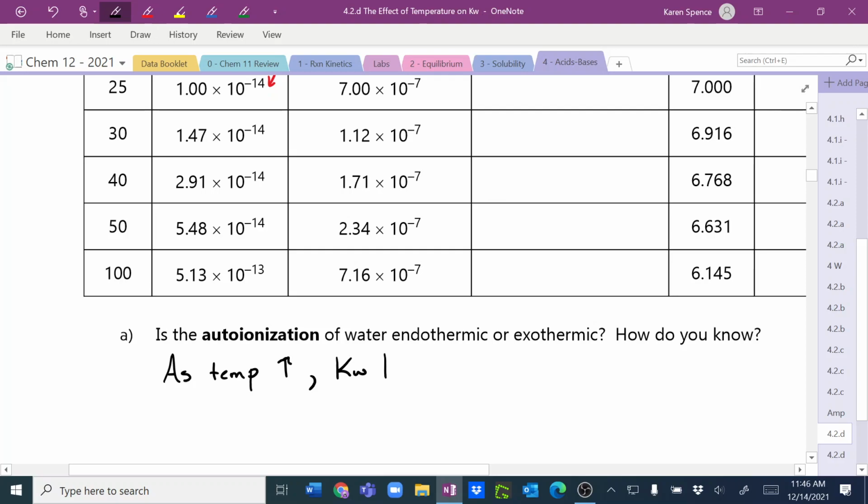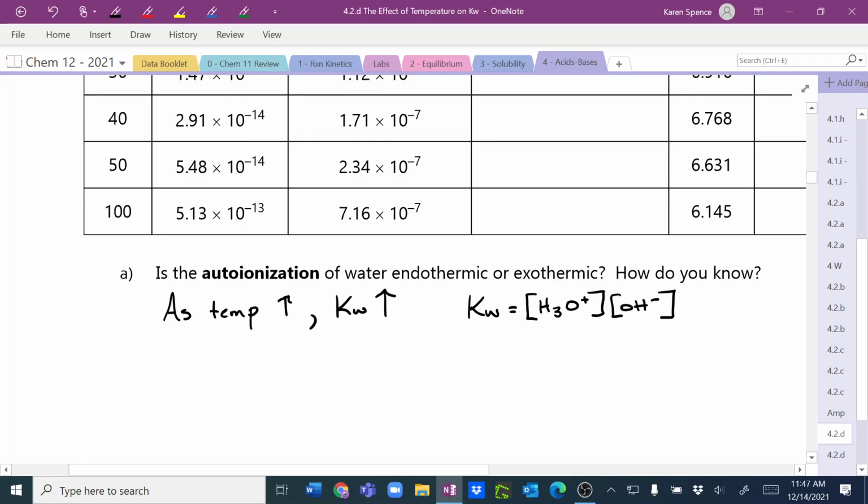So, first thing we can say is that as temperature increases, Kw increases. And we know that Kw is equal to, what's the expression? H3O plus times OH minus. And if we write our equilibrium for the autoionization of water, what do we put on the left?